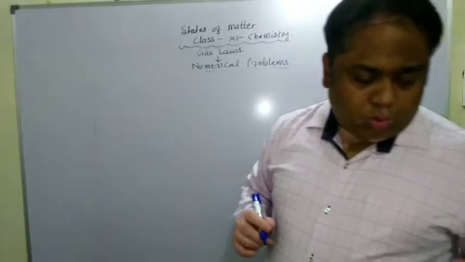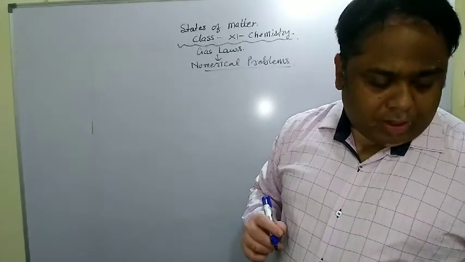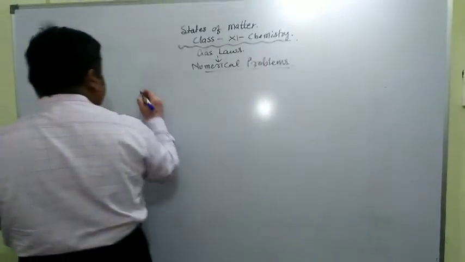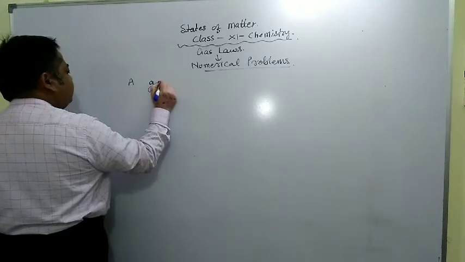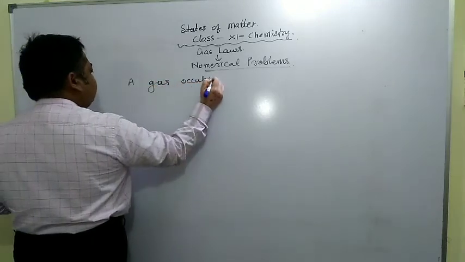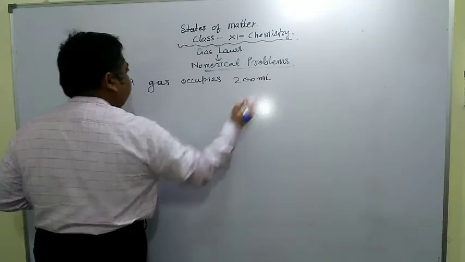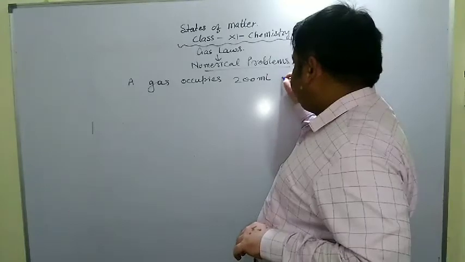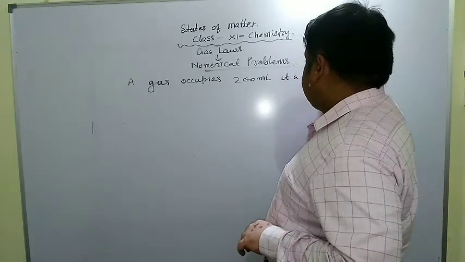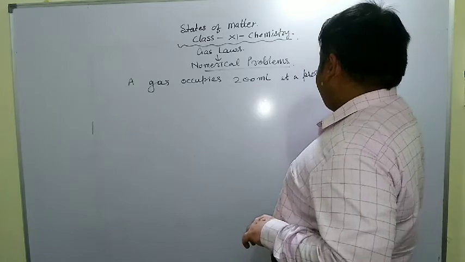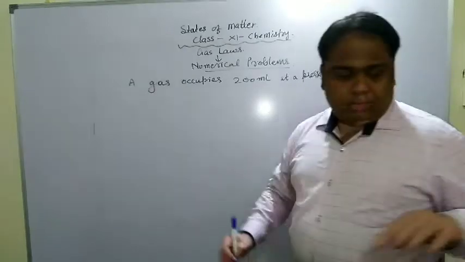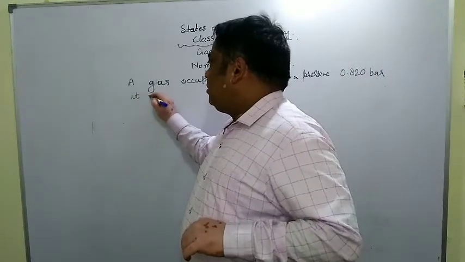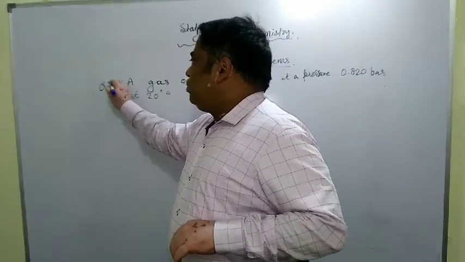A gas occupies 200 ml at a pressure of 0.820 bar, at 20 degrees C. This is question number 1.